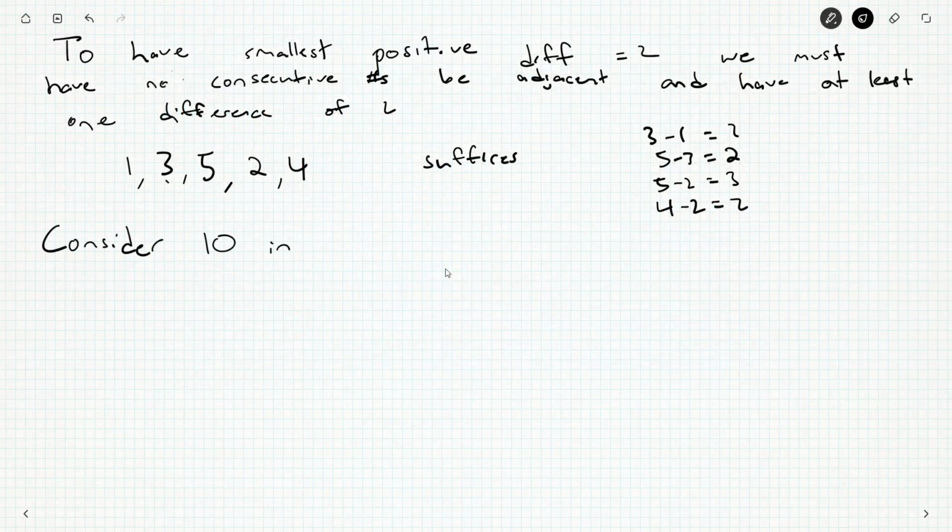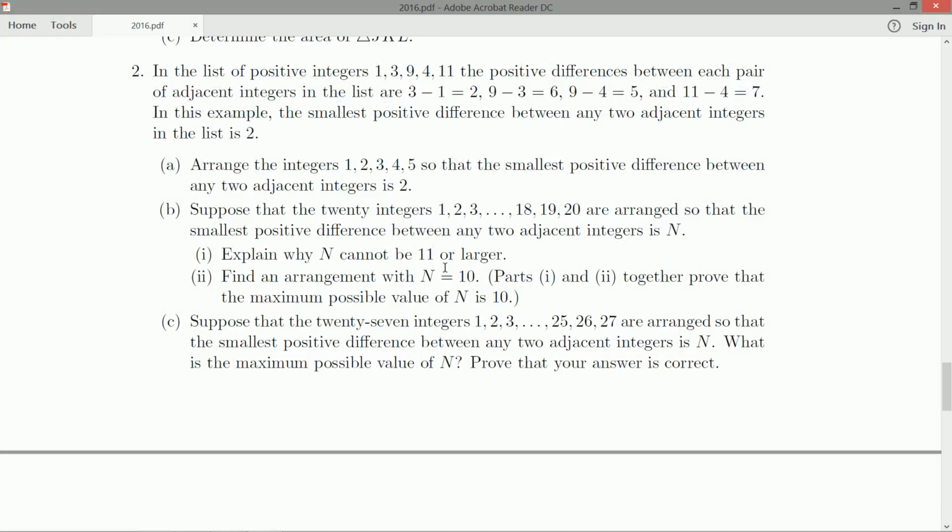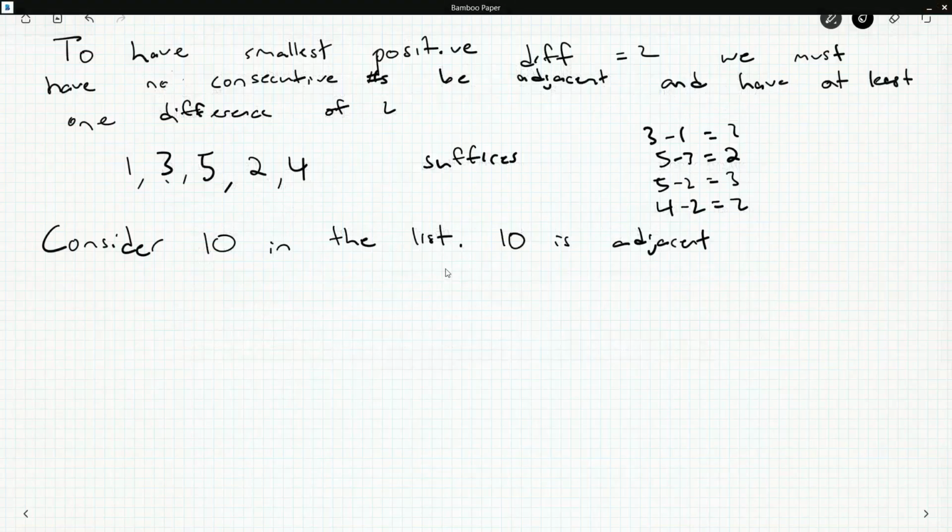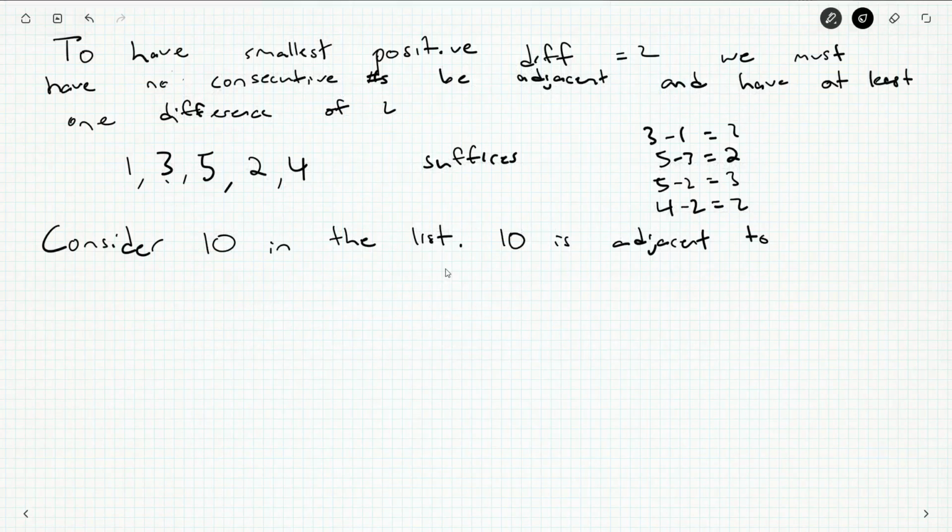So consider 10 in the list. Is adjacent the term they've been using? Yeah, adjacent integers. Okay. 10 is adjacent to at least one other number, because it's in the list.